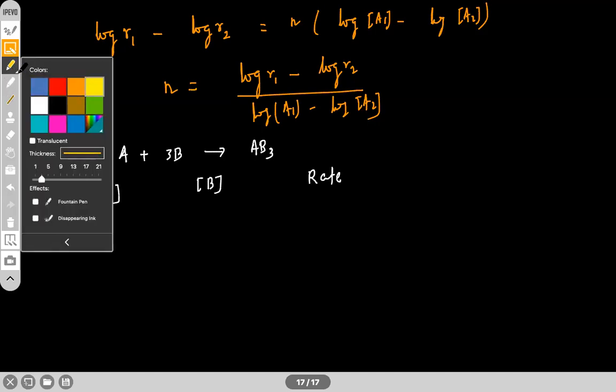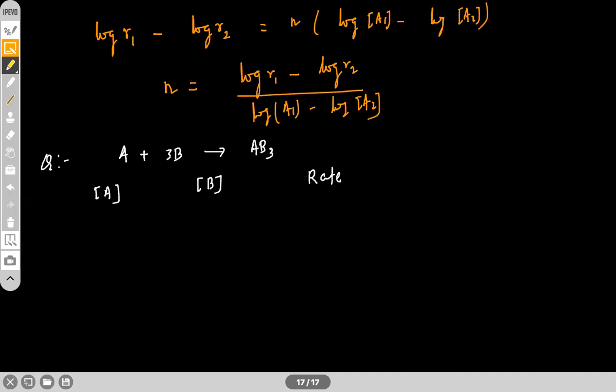A is 0.1, then we take 0.2, 0.3, 0.4. These are the initial concentrations of A and B taken. B is taken as 0.1, 0.1, 0.2, and 0.3.